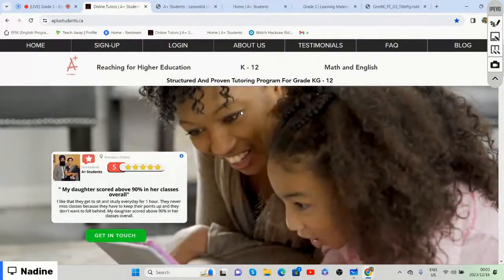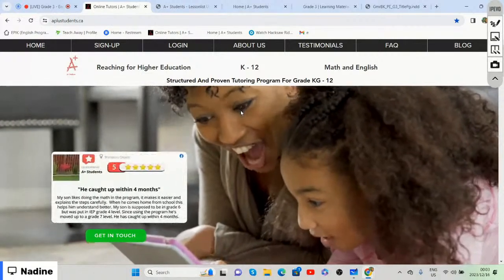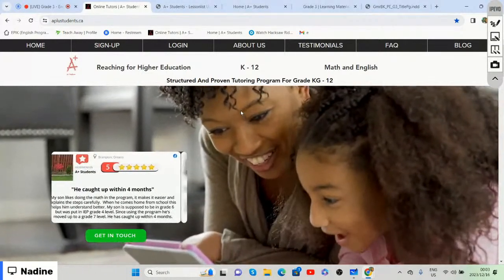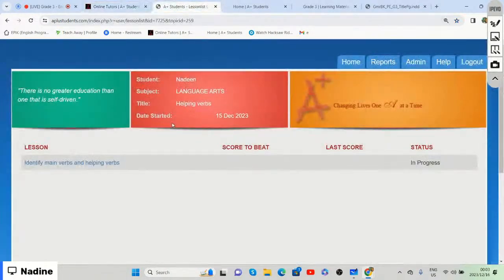And once you've selected the subject of grade 3, we're going to scroll down until we get to the chapter of helping verbs.